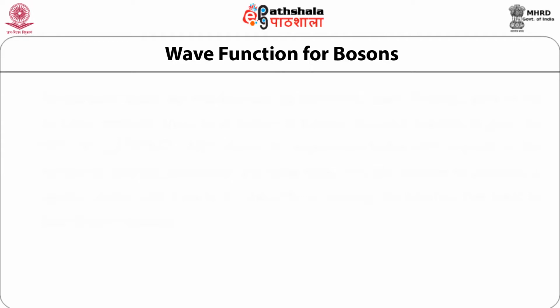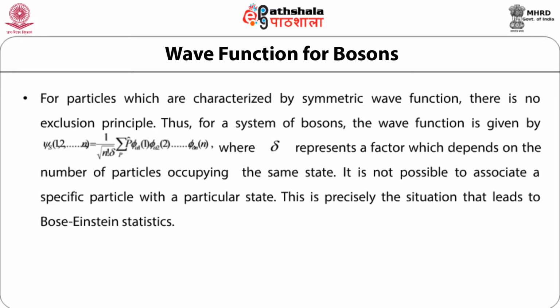For particles which have zero or integral spin, we can characterize them by the symmetric wave function. That means that these particles do not need to obey the Pauli's exclusion principle.